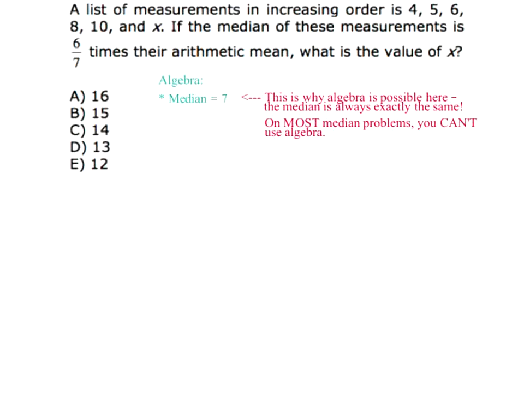So if you're going to do algebra, the median is 7, and then the mean is the average of those 6 numbers. So the mean is the sum of all 6 divided by 6. That is 4, 5, 6, 8, and 10 adds up to 33 plus x, divided by 6.